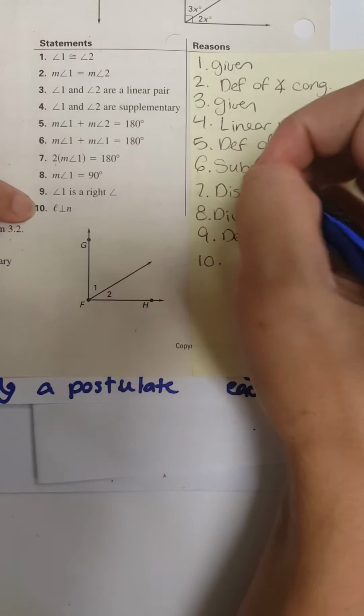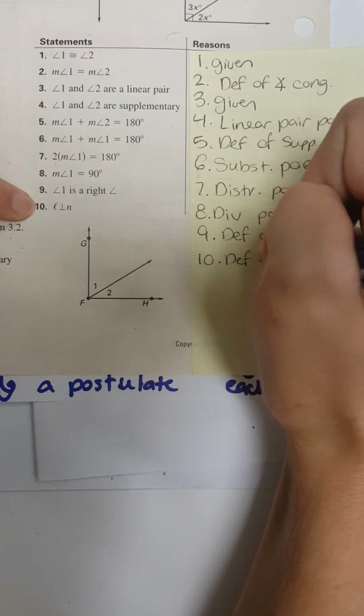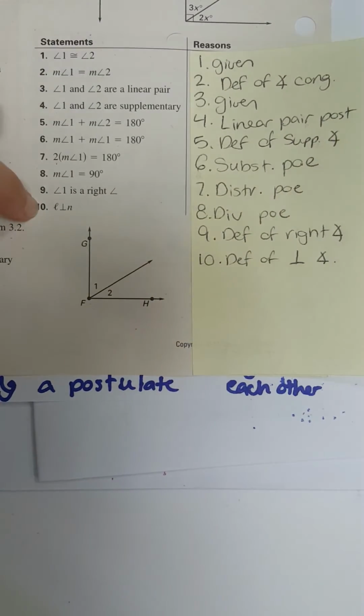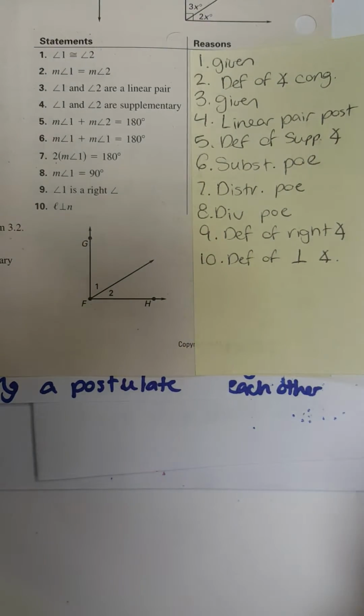Definition of perpendicular angles. Done. Now that wasn't too hard, was it? And there we go. Okay, so we've gone through 3 proofs together. This is exactly what I would have done in class, so there's nothing more that I would have done.